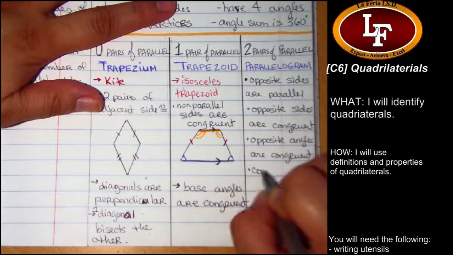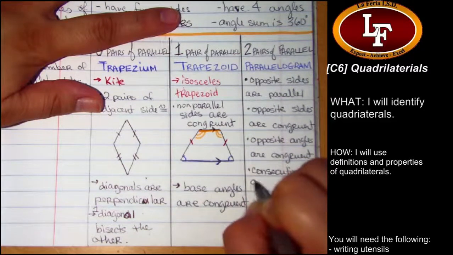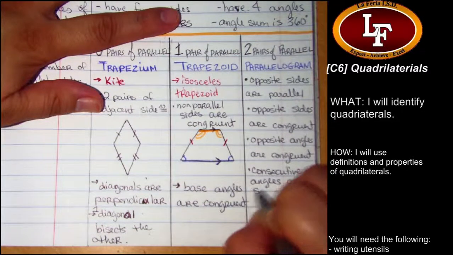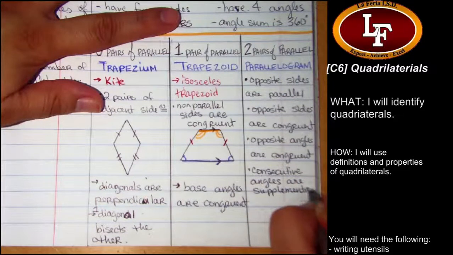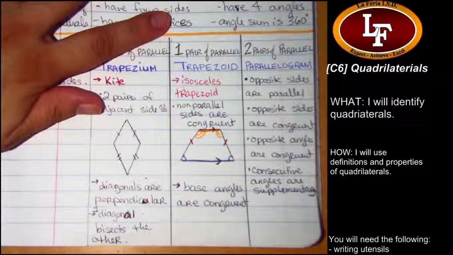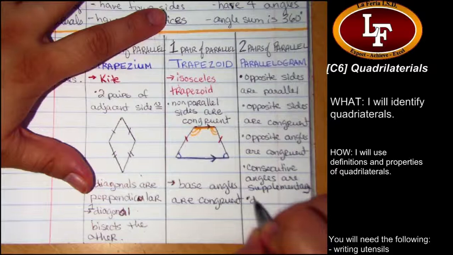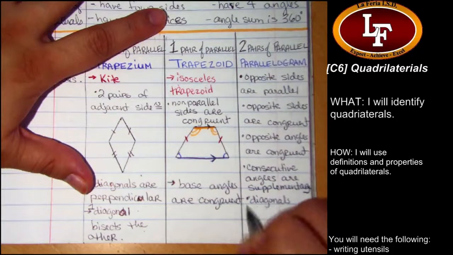And those consecutive angles, the ones that follow one right after another, end up supplementary. Do you remember what supplementary meant? 180. The last big property is that those diagonals are going to bisect each other.